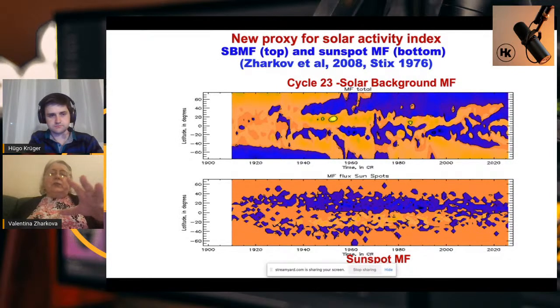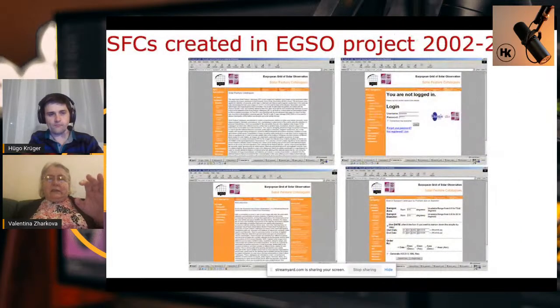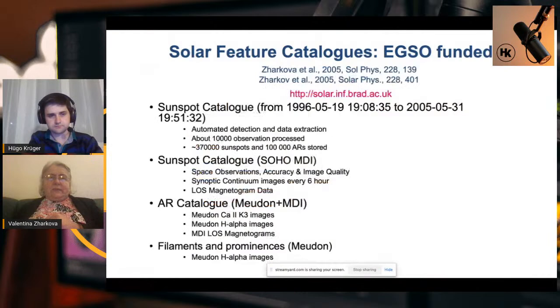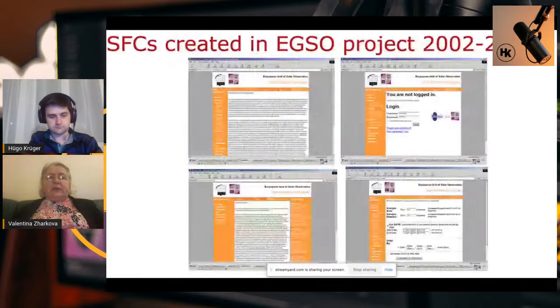The idea of doing this automated feature recognition was this catalog of sunspots, in which there were about 100,000 sunspots detected. Everything you can imagine, we detect from this sunspot.